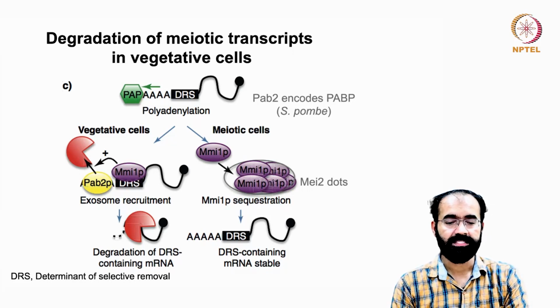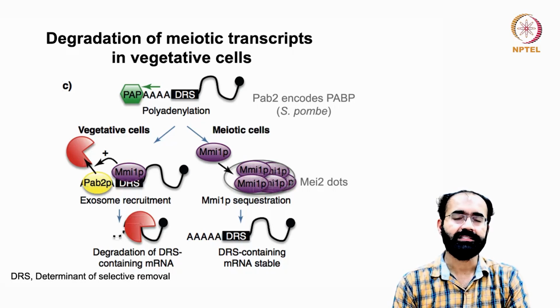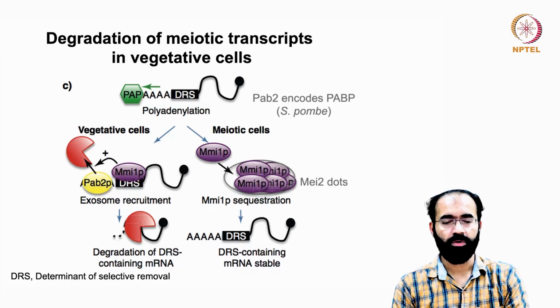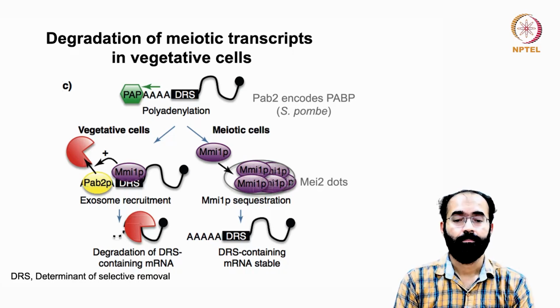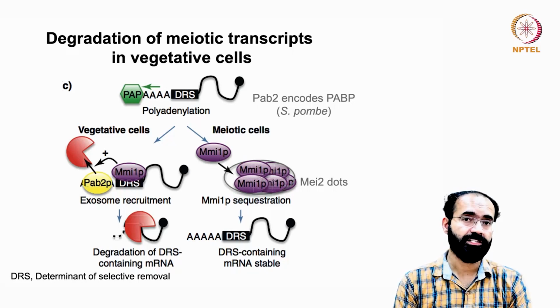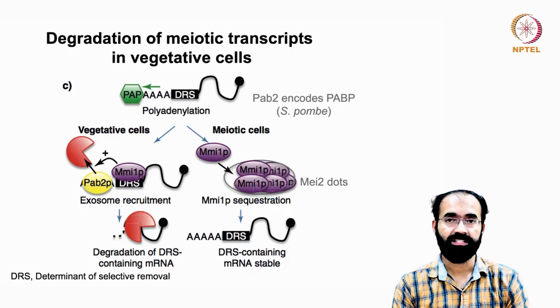Determinant of selective removal, and this sequence is vulnerable for binding of certain proteins, and it has a poly A tail, and this is taken care of by poly A polymerase. So this continues normally, for a given transcript which is meiotic specific, and based on the nature of the cell, it has to change. So let us see how it deals with it.